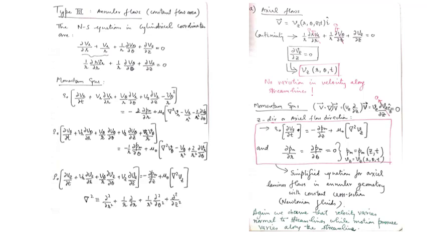So we have Vz ∂Vz/∂z ez, and this term is 0 because continuity has given us ∂Vz/∂z is 0. So yes, we are very happy that for this type 3 also, in type 1 or type 2 the convective acceleration was 0, but in type 3 axial flow also we have no convective acceleration.